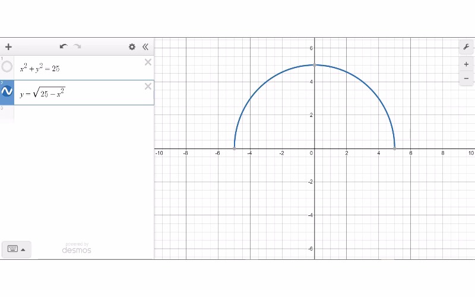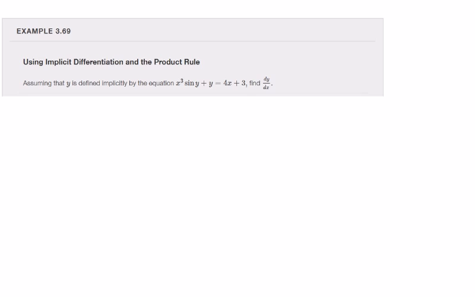We don't have the whole circle, and so you would need the negative also. So you need two different functions to complete the whole circle, and then you'd have two different derivatives to find, et cetera. Implicit differentiation gives us a way to bypass that mess.